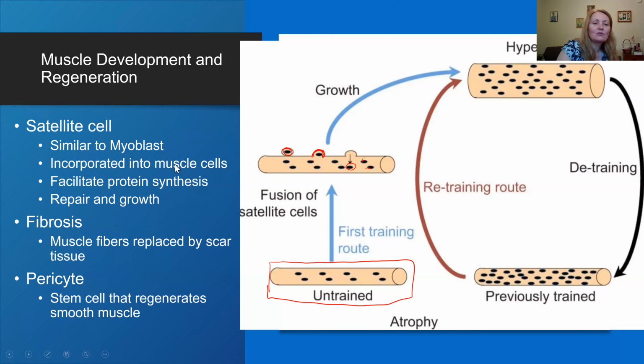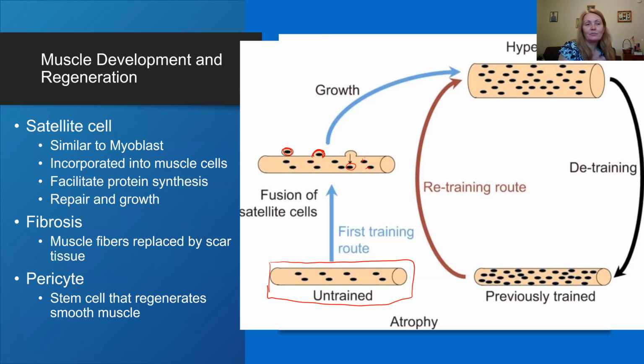Okay, now, your muscle cells can use satellite cells to heal from injuries as well. However, if the injury is pretty drastic, if it's a big injury to your muscle cells, then your muscles will heal by fibrosis.